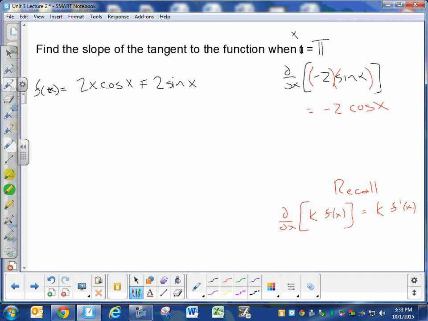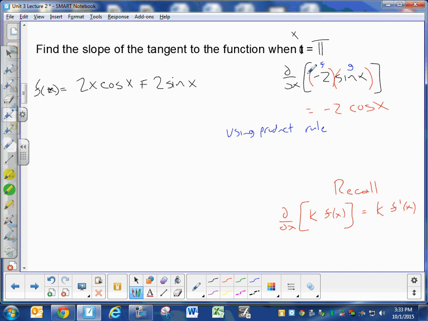However, I will show you that the product rule will work for this. Let's treat the 2 as a little f. Let's treat the sine as the g.